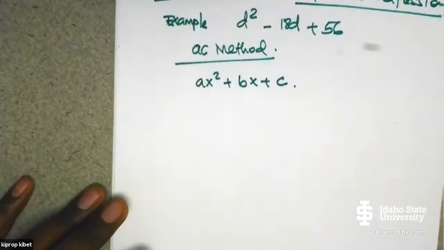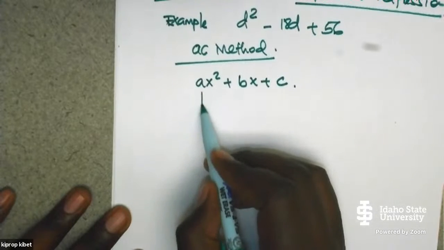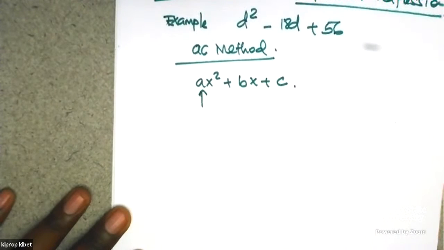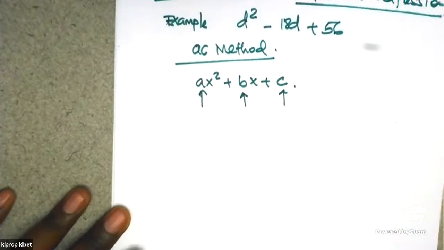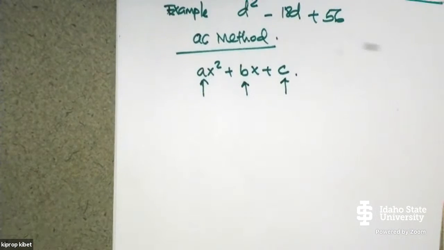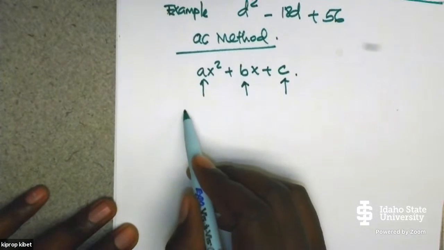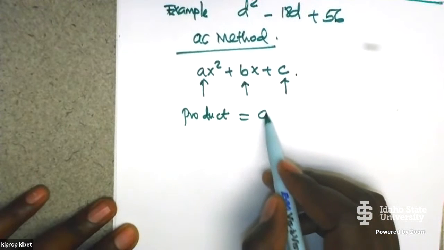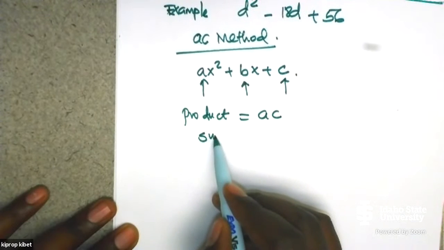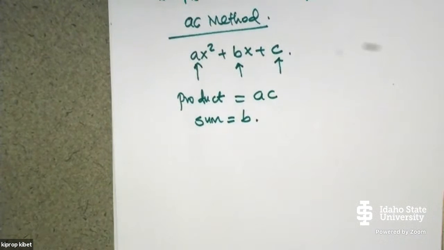Here our a is the coefficient of x squared, our b is the coefficient of x, and our c is the constant. So the AC method is whereby we look for two numbers in which the product is AC and the sum is B.